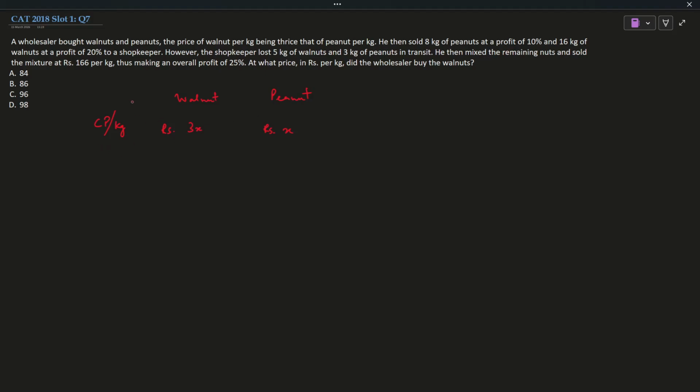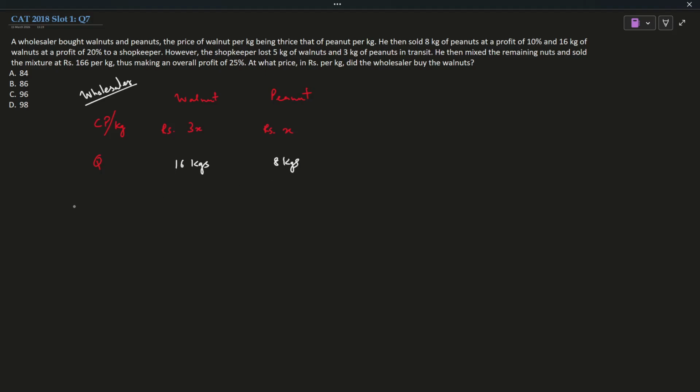Understood, guys, this is for the wholesaler. Quantity sold: 8 kgs of peanuts and 16 kgs of walnuts.